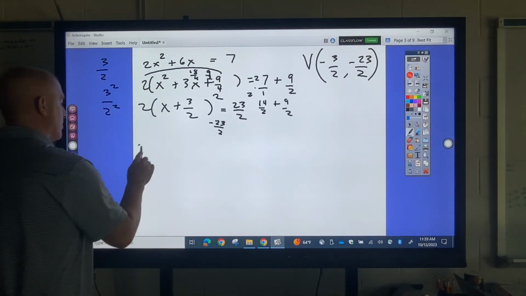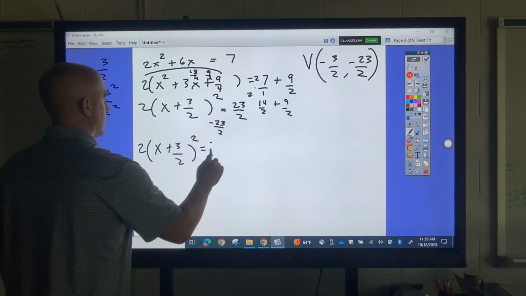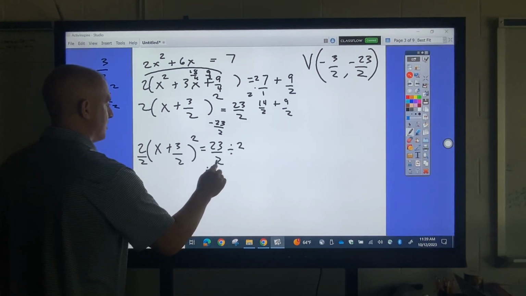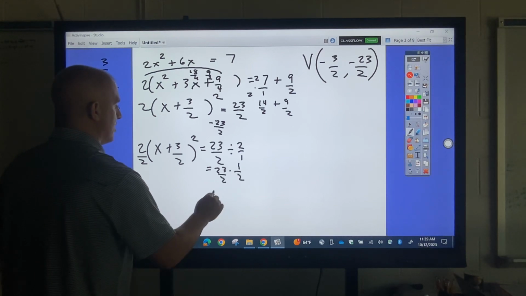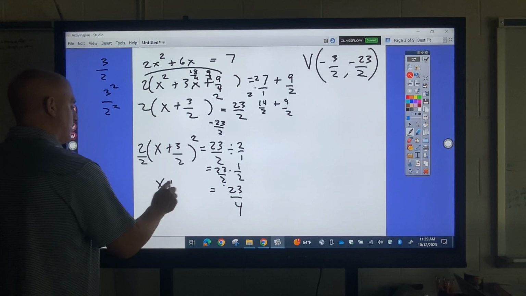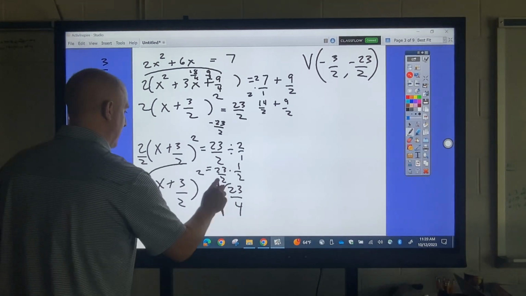Now if I go to solve, I want to divide by 2. From a fraction standpoint, that's 23 over 2 times 1/2, which would give me 23 over 4. (x + 3/2)² = 23/4. Take the square root of this, plus and minus.